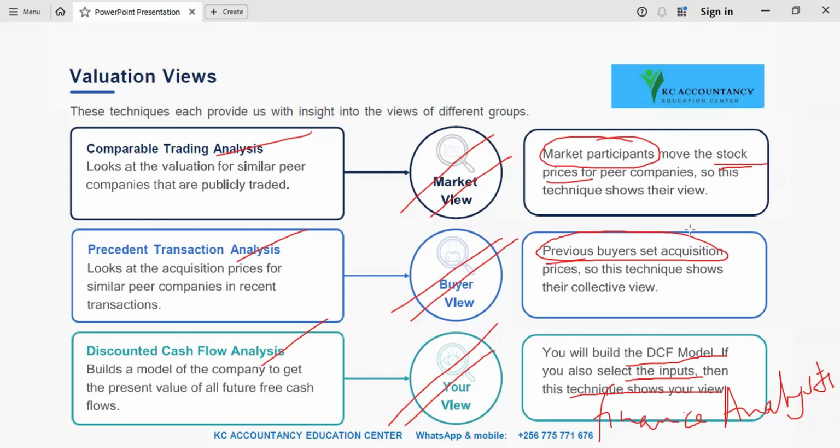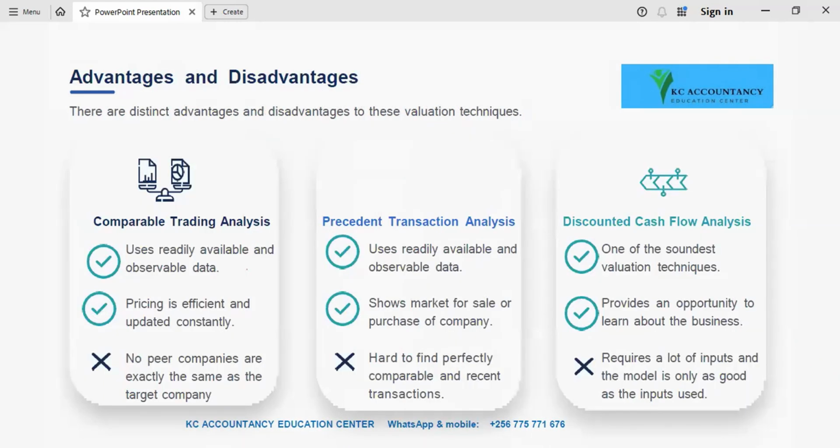So finally, let's first delete this, and we could summarize and say that comparable trading analysis is really showing us only the market view of the value of the company.